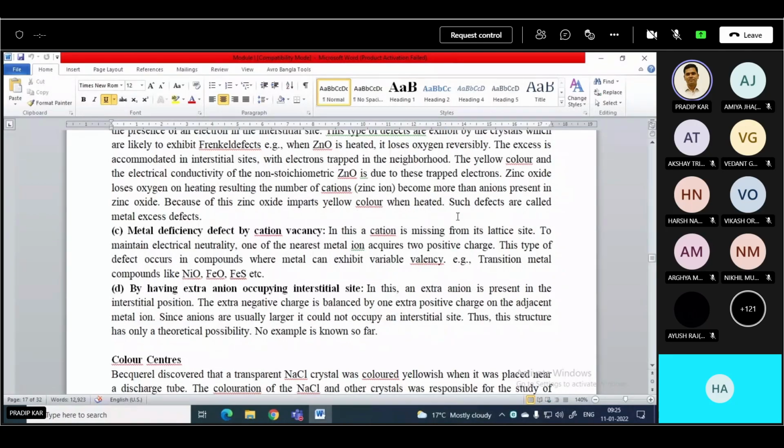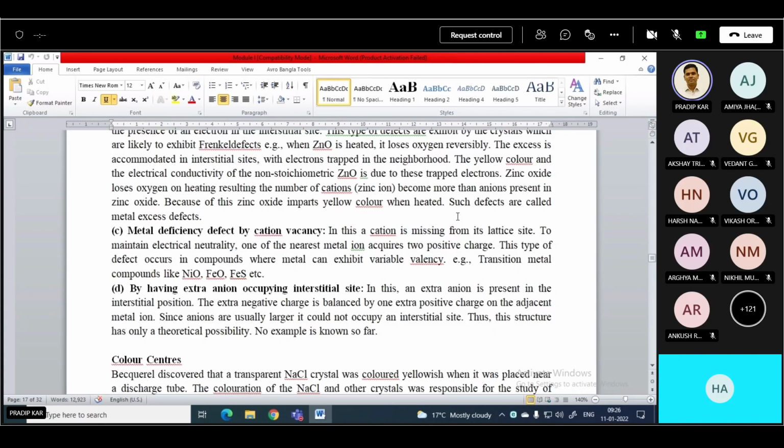Similarly, an extra anion may occupy the interstitial position. Extra anion present in the interstitial position, and the extra negative charge is balanced by 1 extra positive charge on the adjacent metal. In a similar fashion, here 1 extra charge is present on the metal and 1 extra anion is present in the interstitial position. But this is a very rare case because it is very difficult for an anion to occupy an interstitial site.